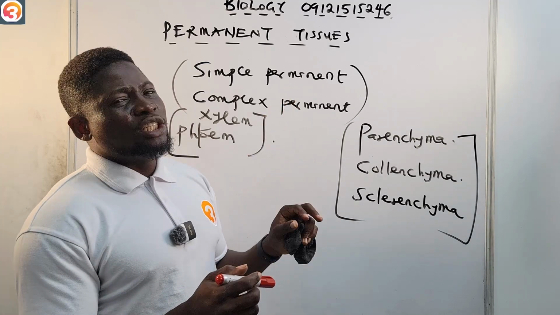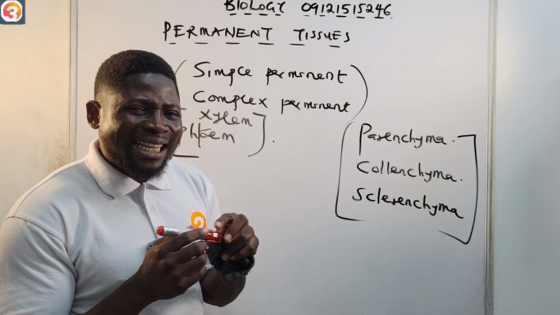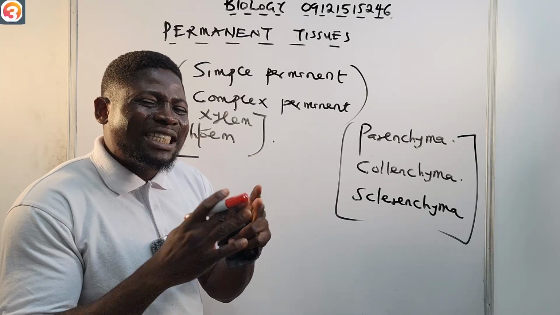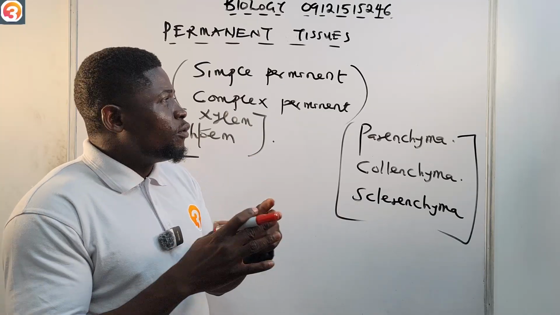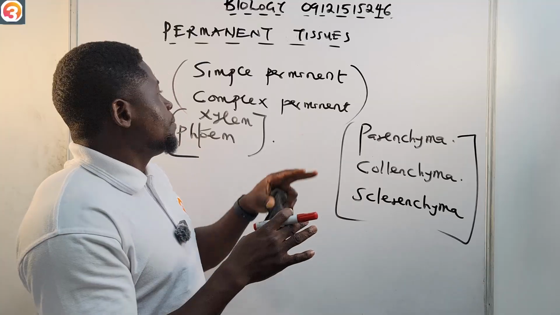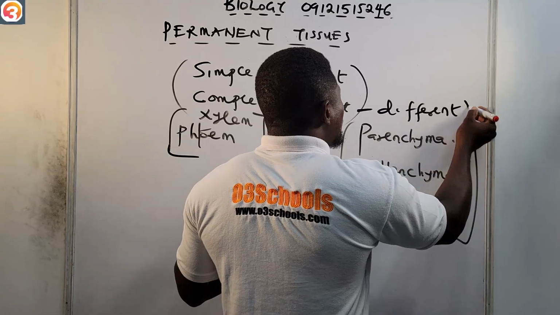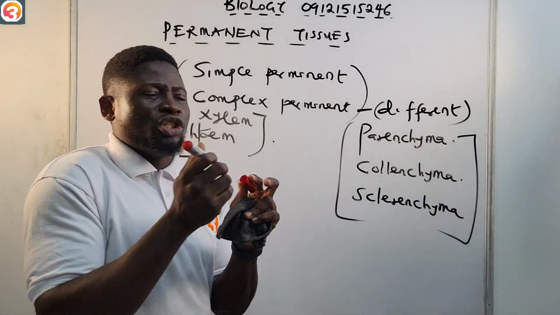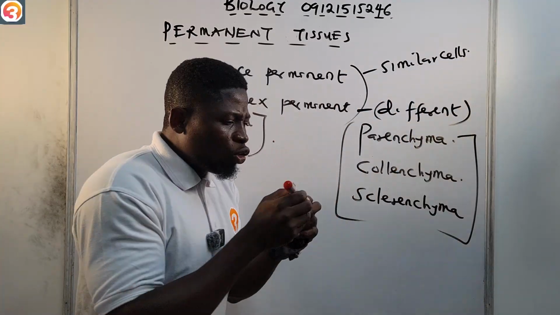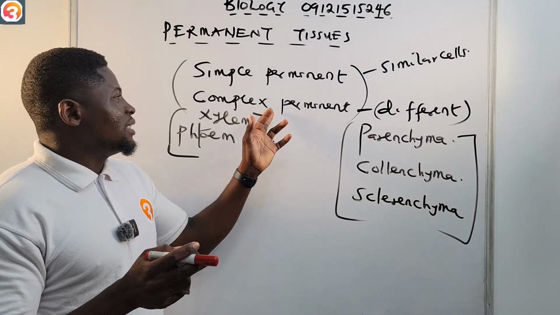The simple permanent tissues are formed from similar cells coming together, while complex permanent tissues are formed from different types of cells coming together.